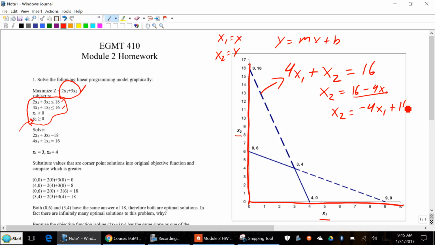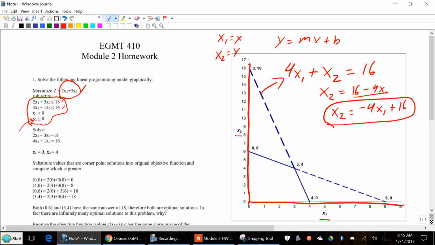Do you see how this is written in what's called the slope-intercept notation? x2 is equal to negative 4x1 plus 16. That's essentially equal to y equals mx plus b.